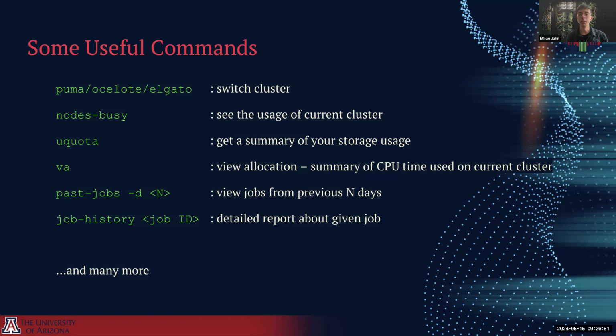So if you submit a job and you're wondering why it's not running yet, you can use nodes busy to see that the system is really busy, so it might take a little while. You can get a summary of your storage usage using the command uquota. You can use VA, which stands for view allocation, to see how much compute time you have left, and so on and so forth.